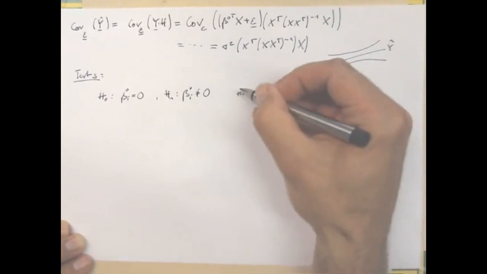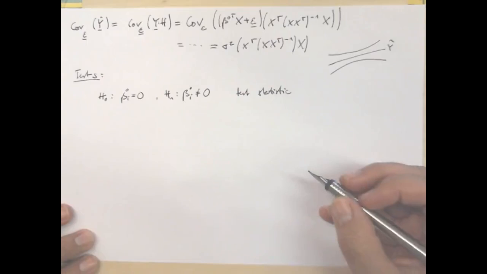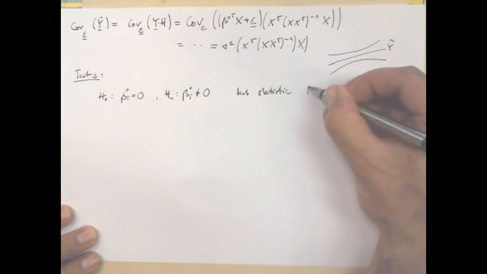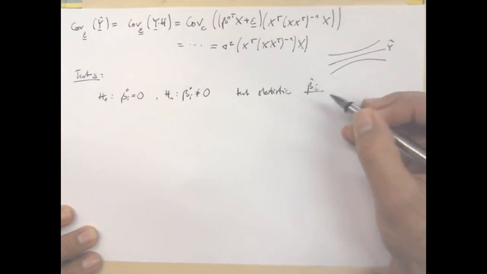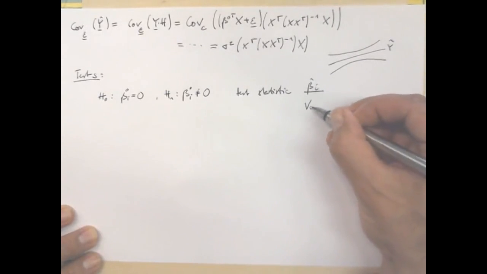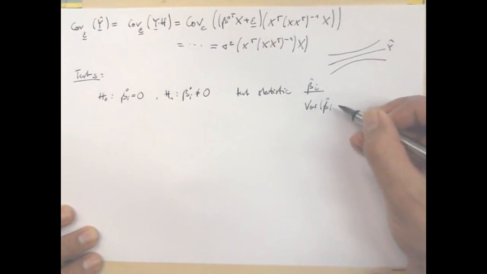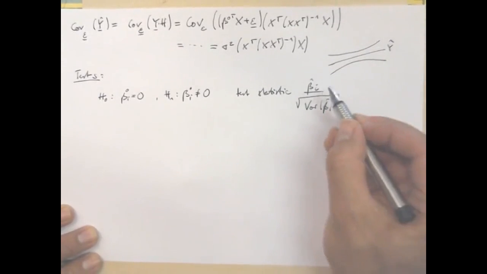To perform this hypothesis test, you need a test statistic, and the statistic that's being used is the parameter estimate that you found divided by the standard deviation of that parameter estimate.